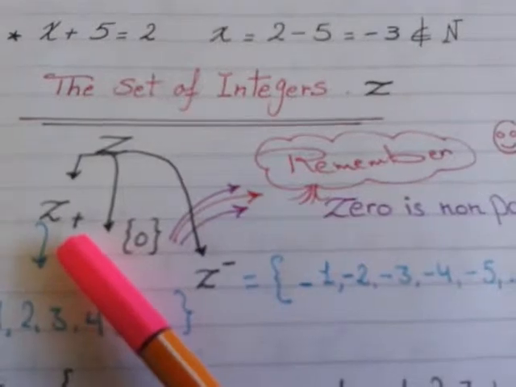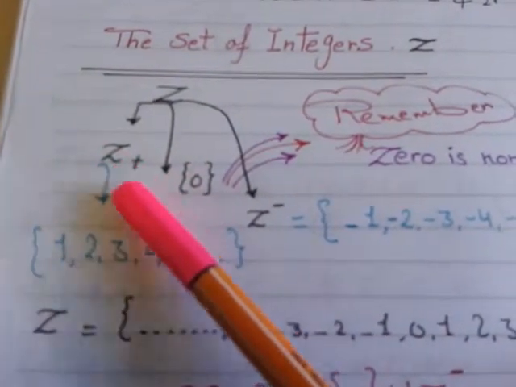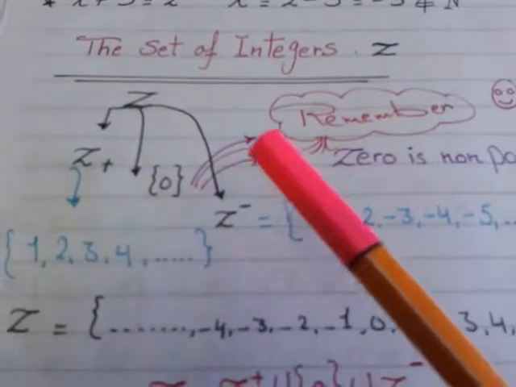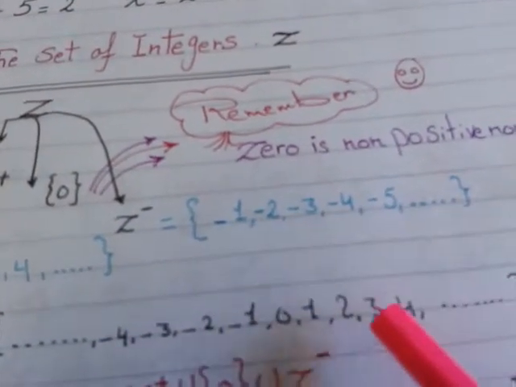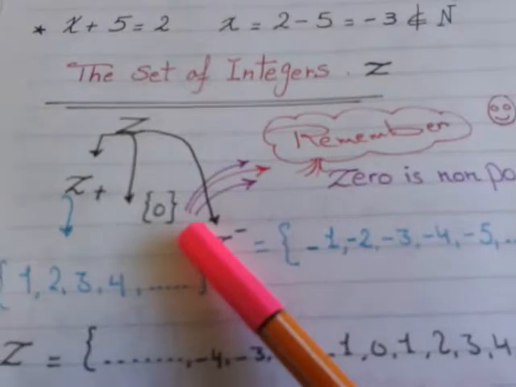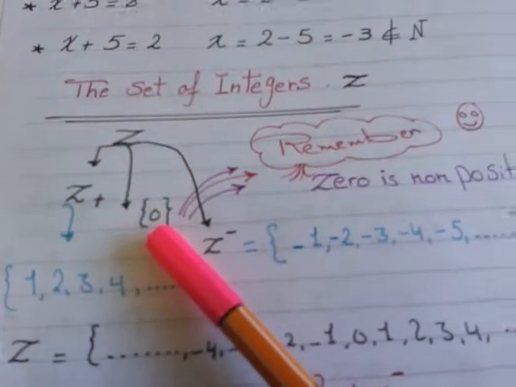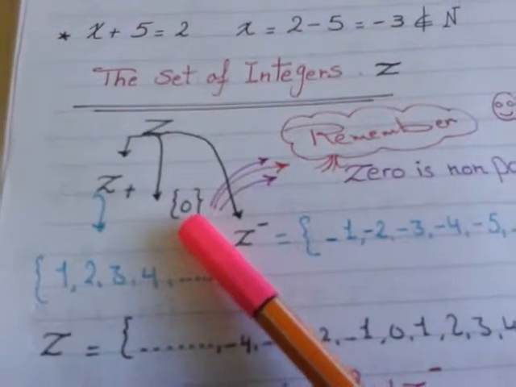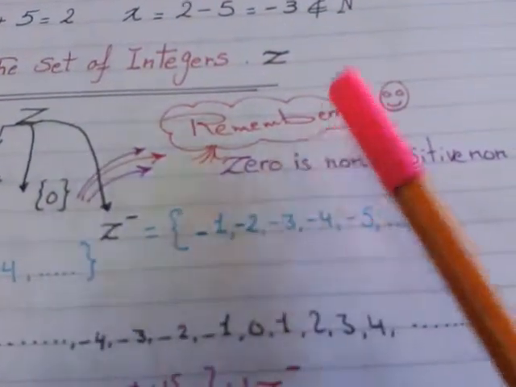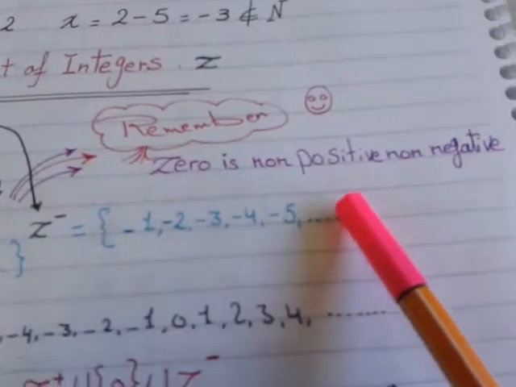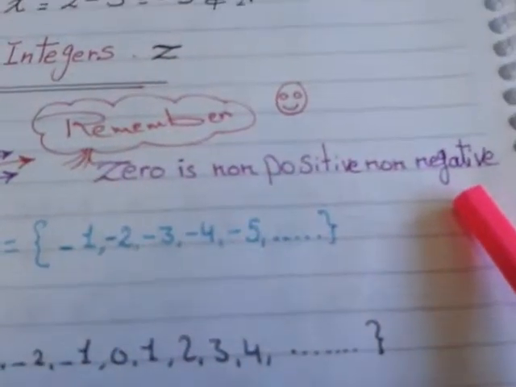Z positive means the positive numbers 1, 2, 3, 4, and so on. Z negative is the negative numbers, negative 1, negative 2, negative 3, and so on. What about 0? Is 0 a positive or negative number? It is not in either set, because 0 is a non-positive, non-negative number.